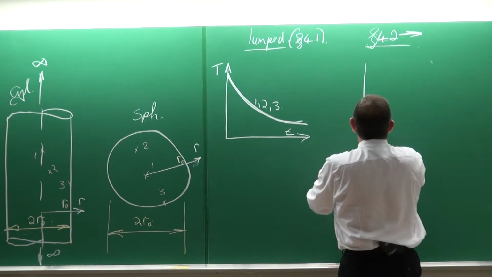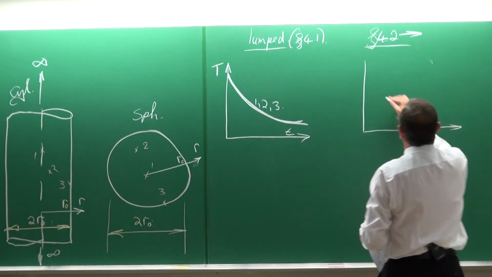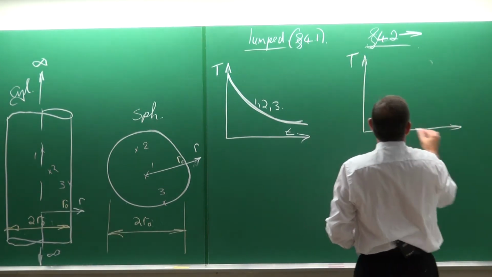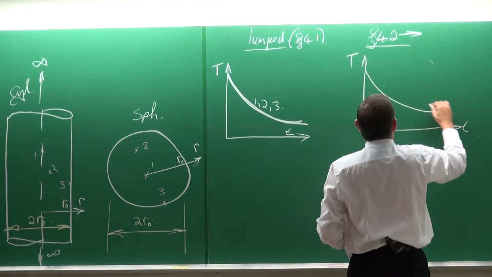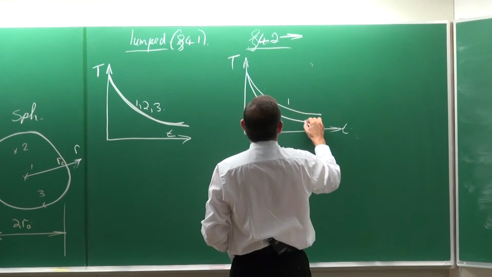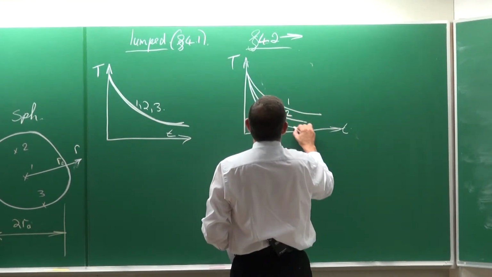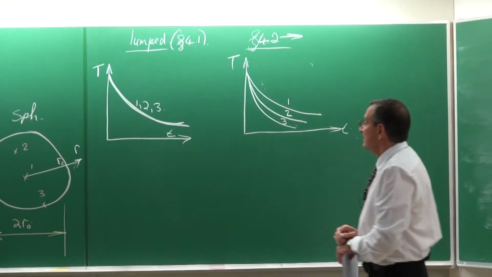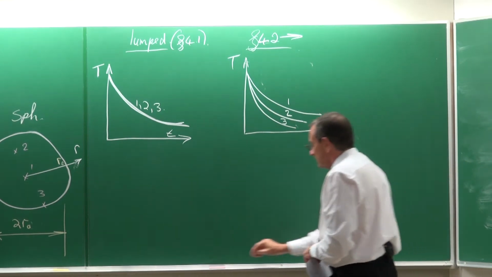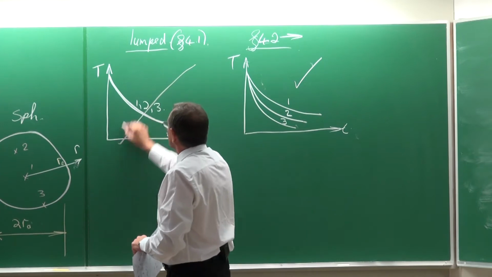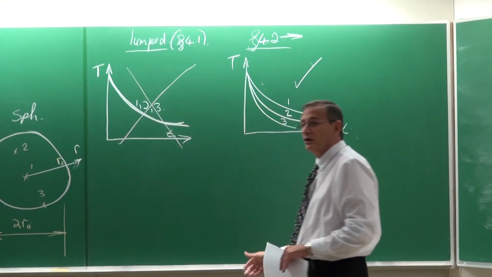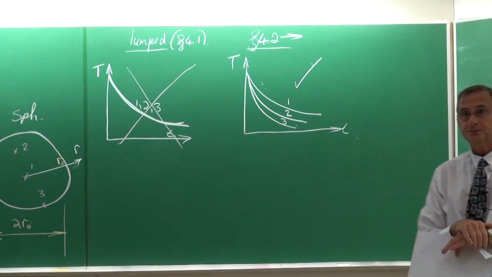With the approach that we're going to follow now, temperature as a function of time, here we're going to have different time temperature variations, something like that, and that is what we are interested in this paragraph, and that is what we are not going to solve in this paragraph.